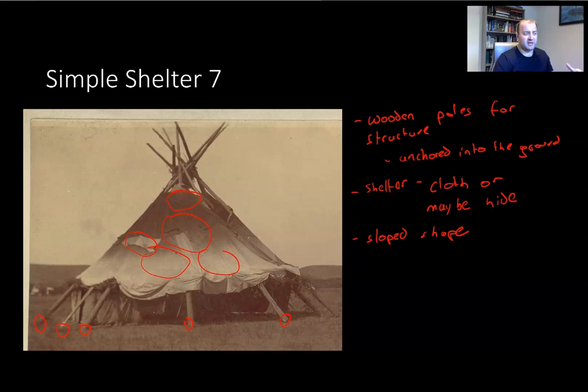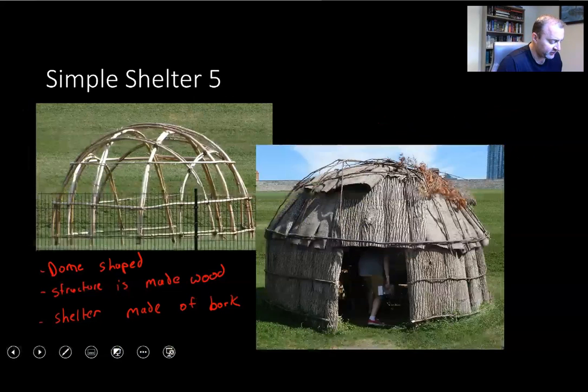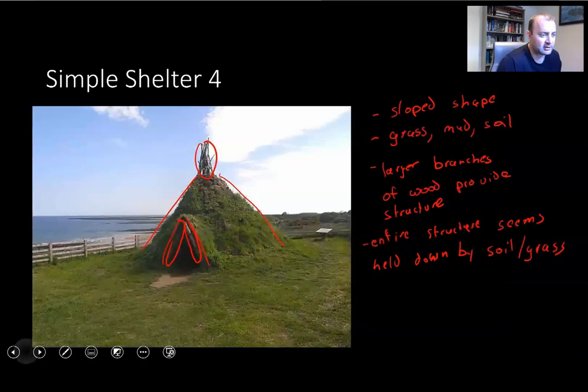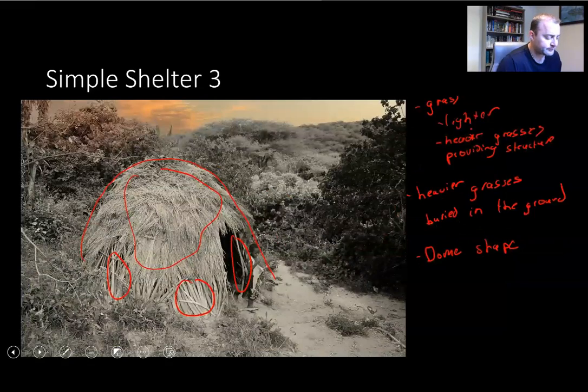In one case, we saw a mixture of soil and mud and grass together. But the structure seems to be something fairly sturdy, a lot of times wood. And then the two shapes that have come up multiple times are the sloped shape we're seeing here and the domed shape we saw back in this one and this one right here.